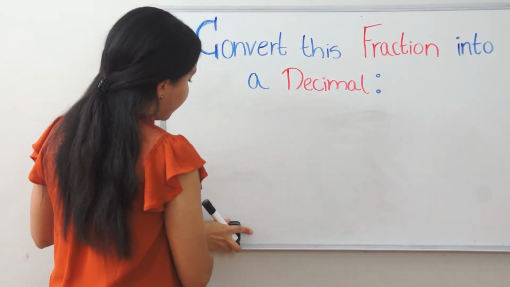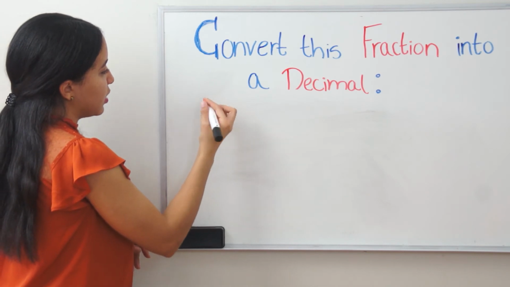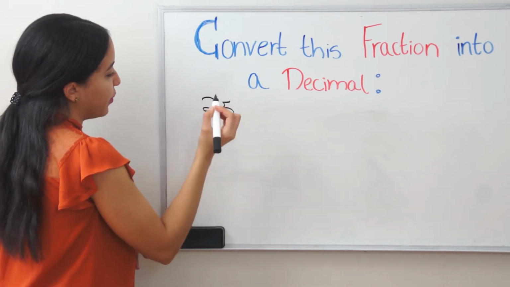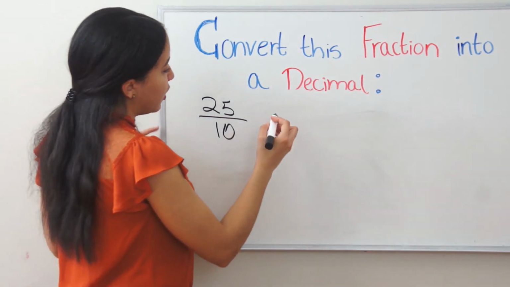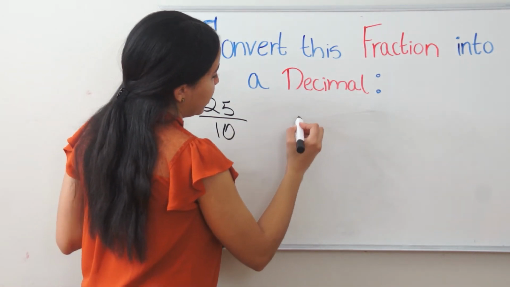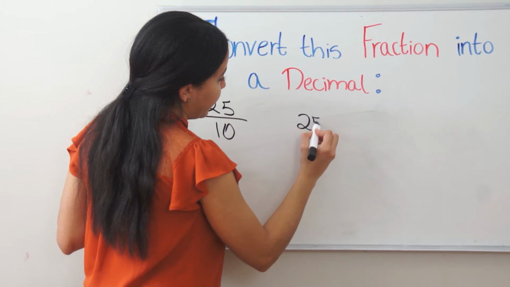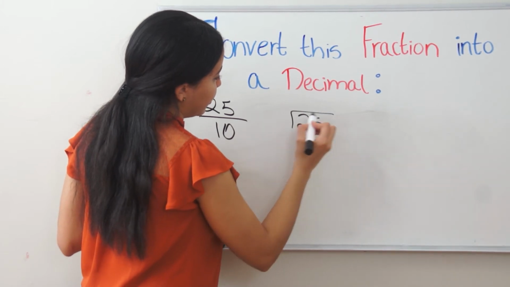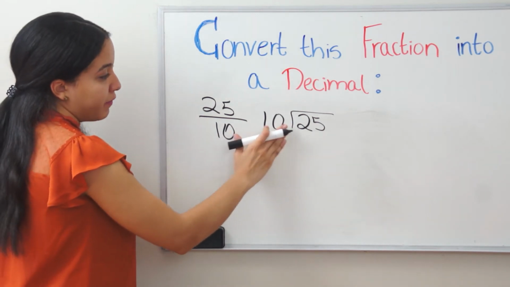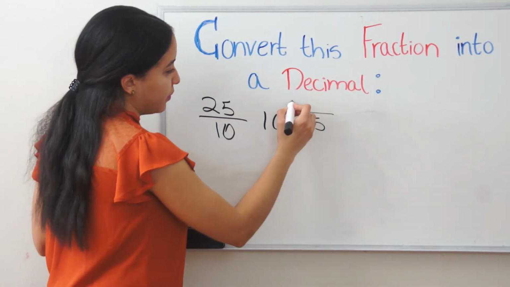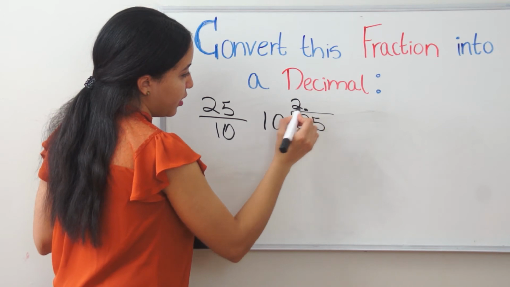Another type of fraction is 25, for example, divided by 10. The longer way to do it is 25 divided by 10. In this case, we can do it with a 2 here.